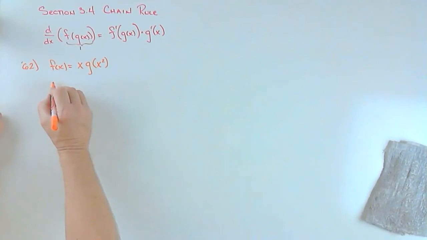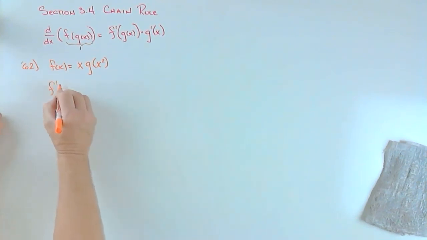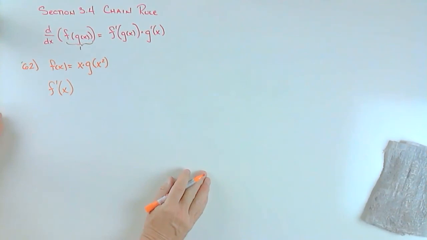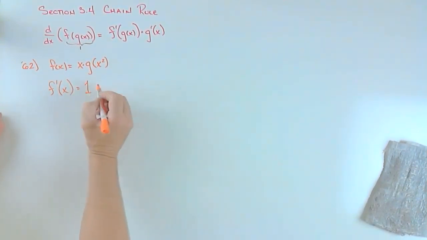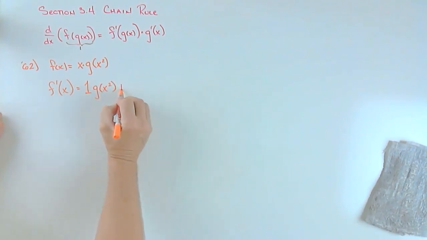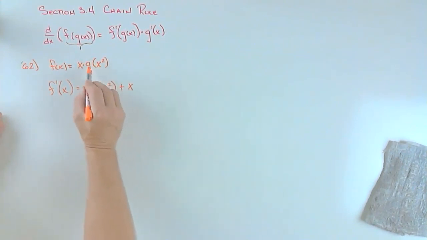So if I'm going to take the derivative of f, which is what they asked me to do, they want me to find f double prime. So to find that, I have to take the derivative of f. So I'm going to have to do the product rule. The derivative of x, 1, leave g alone. All right, that's how the product rule works. Plus, leave the first function alone. Take the derivative of g.